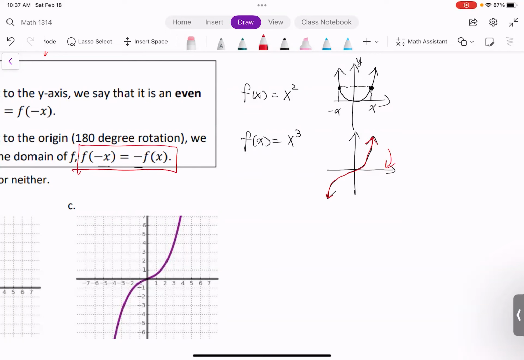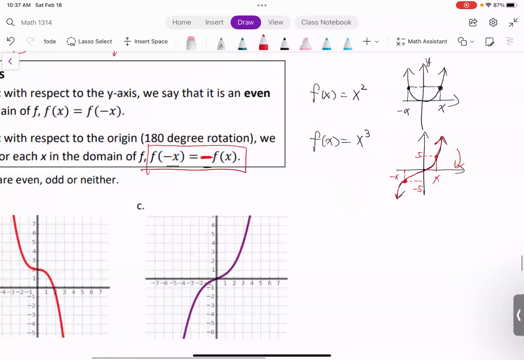That means if I have an input, for example, my input is x, the y value is here. If the input is negative x, then its output value, for example, here is 5, the opposite is the output value negative 5. So here must be negative 5.